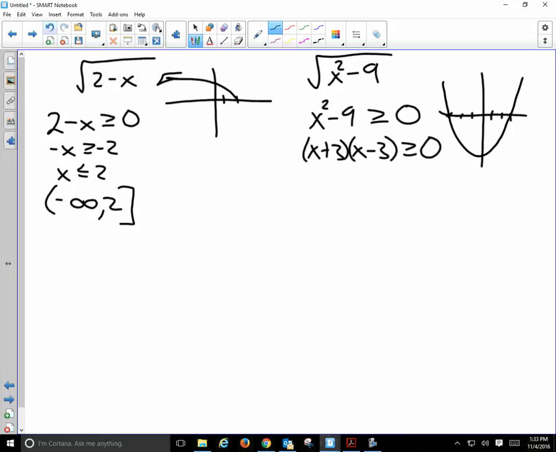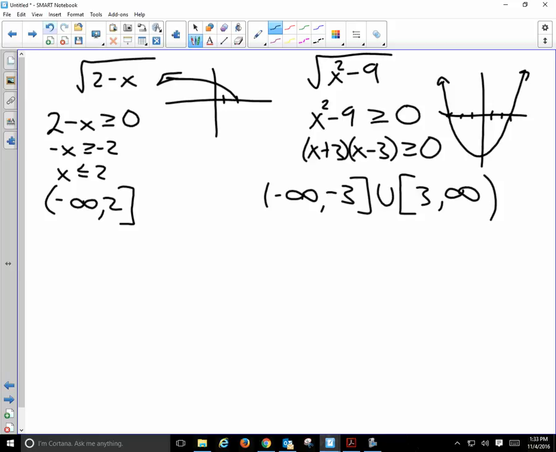Goes right side up. So I'm wondering, where is that greater than or equal to 0?